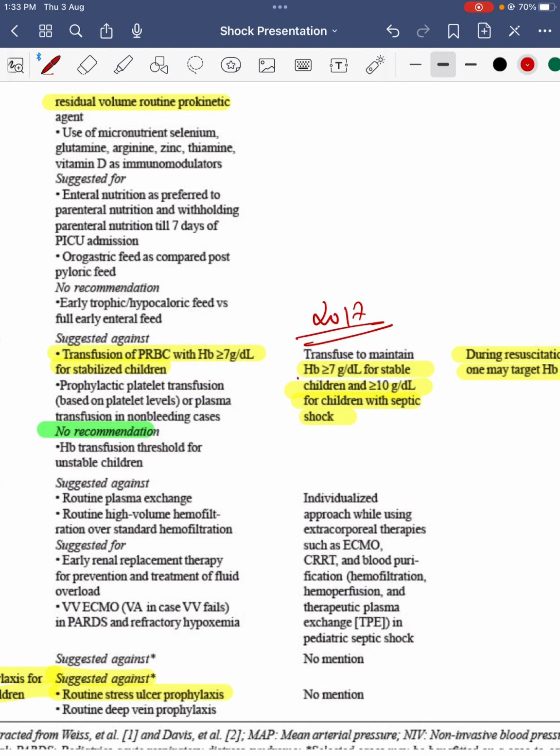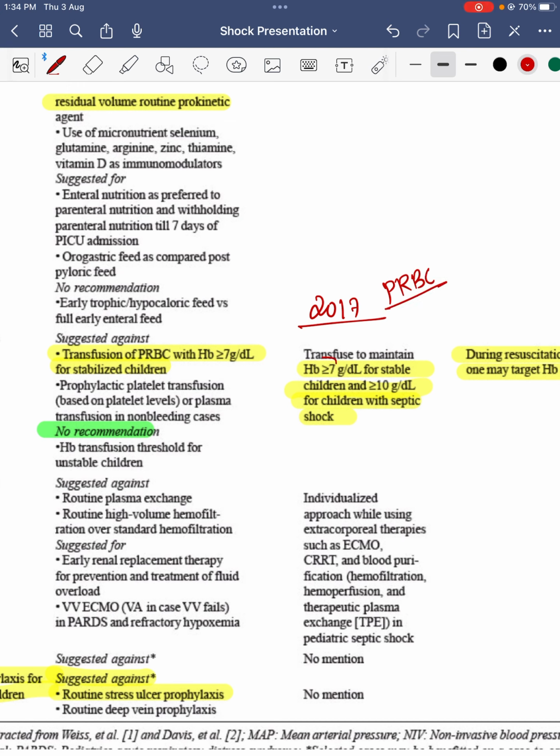What does it say? In the 2017 guideline, it is telling that you should be transfusing PRBC to maintain hemoglobin level more than 7 for a stable child, more than 10 for a sick sepsis child, which means for every septic child who is very sick, hemoglobin level should be more than 10 gram per deciliter.